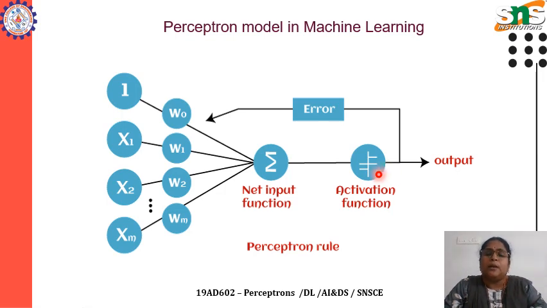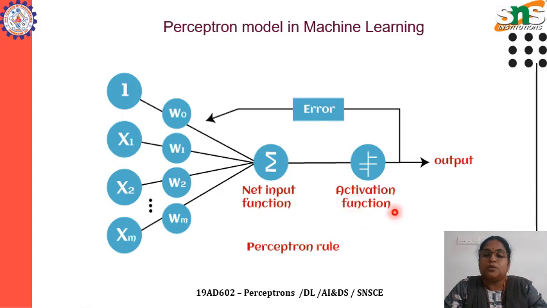So only one difference we have here in this network architecture compared with the basic perceptron model: here you can see the back propagation network, which means that before going to the final output layer, if any errors are present in the activation function. What is this activation function?